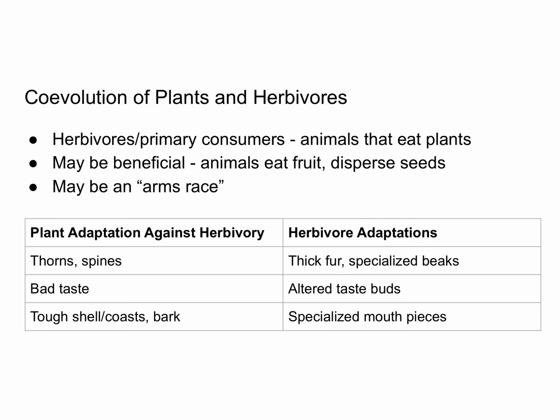So let's talk about the coevolution of plants and herbivores. First of all, an herbivore is just an animal that eats plants. So it's basically like a vegetarian. We typically only refer to vegetarians if they're human. If they are any other animal, we call them an herbivore.